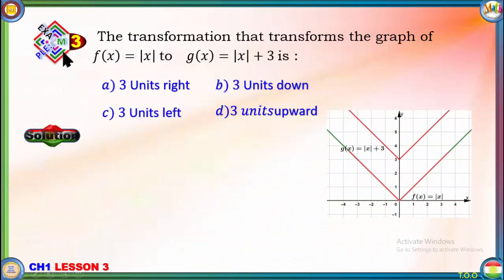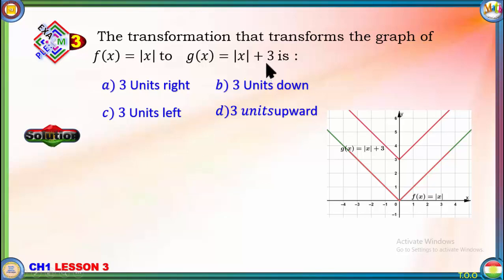Example number 3. The transformation that transforms the graph of the function f(x) equals absolute value of x to g(x) equals absolute value of x plus 3 is, as you can see, we added 3 to the absolute value of x, outside of the absolute value.